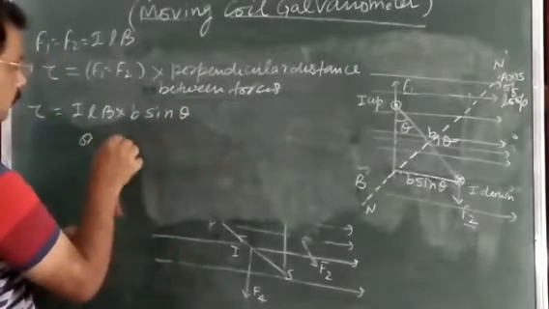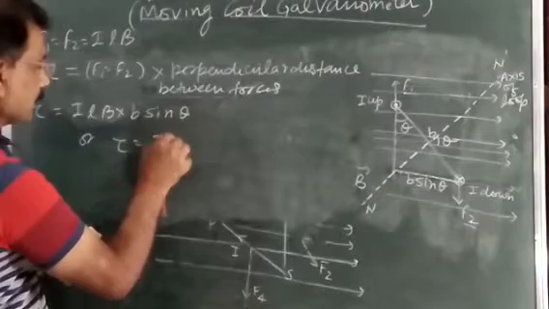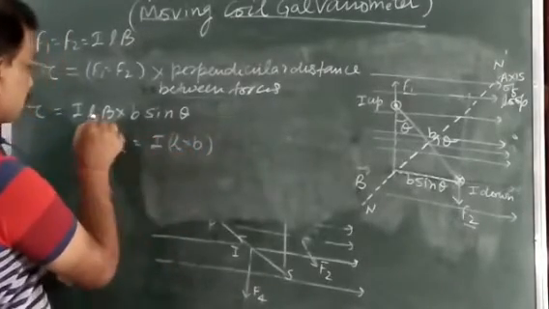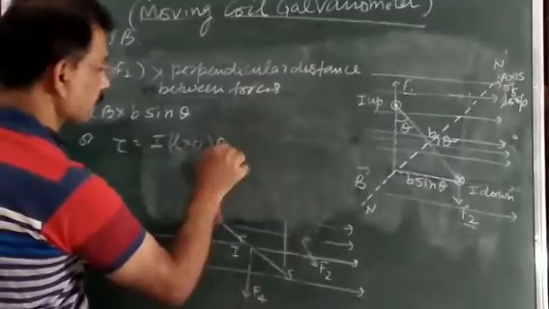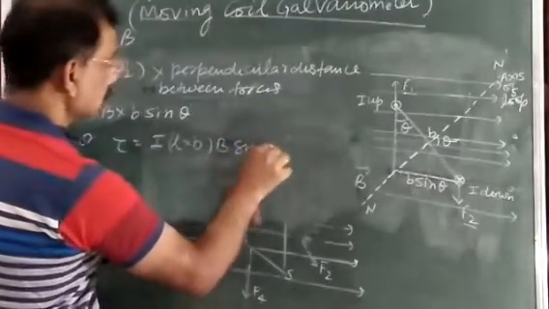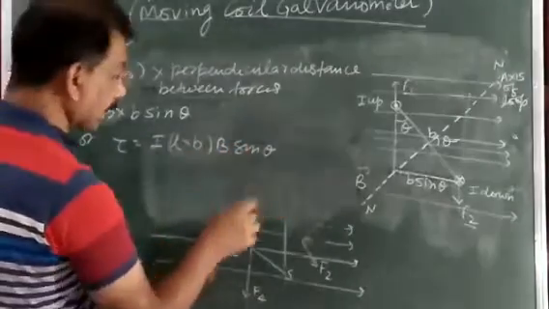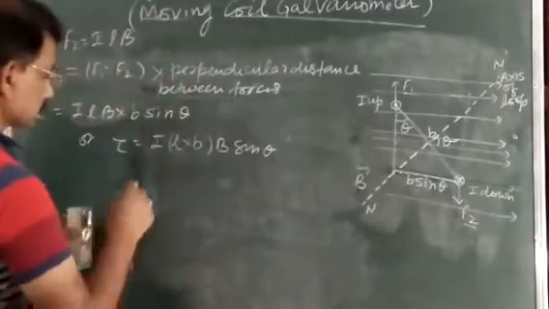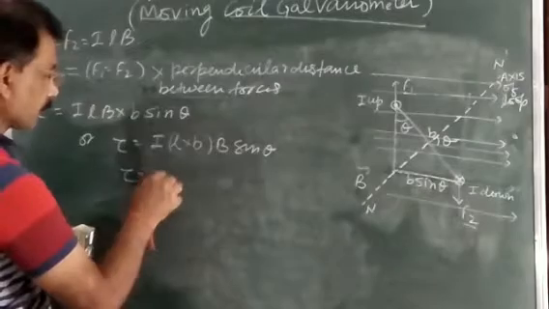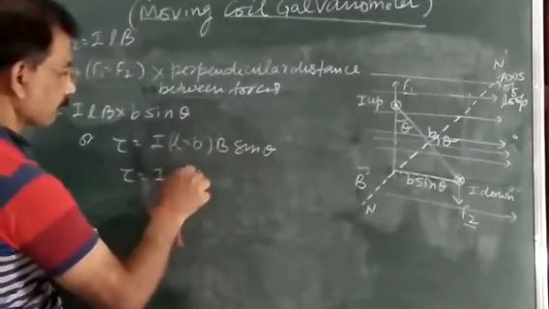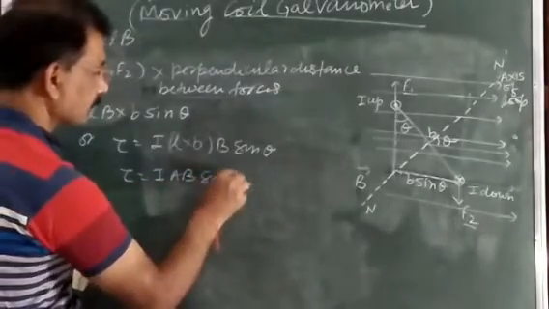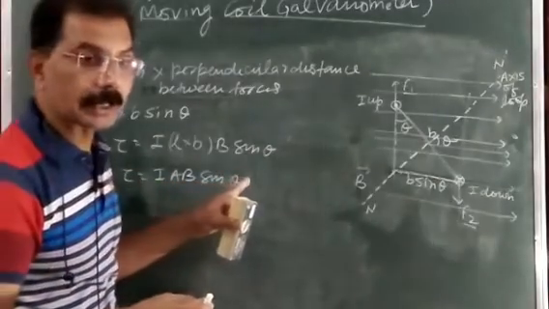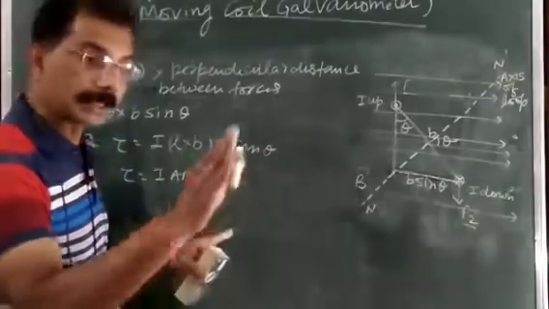Or you can say tau is equal to I into L into B, length into breadth, and here B sine theta. And length into breadth will give what here? The area of that loop. So tau is equal to IAB sine theta. This is the torque acting on a current carrying loop placed in a uniform magnetic field.